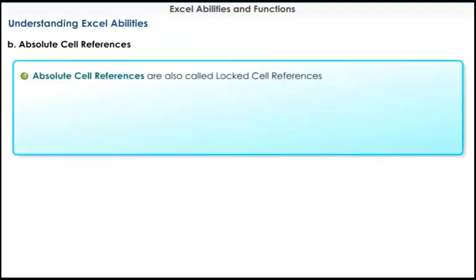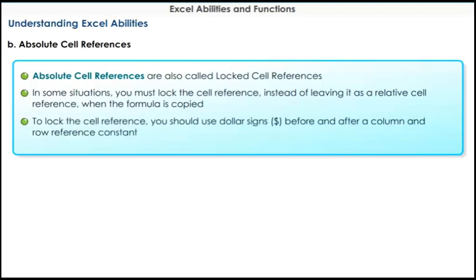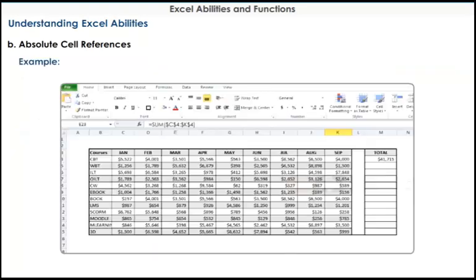Absolute cell references. Absolute cell references are also called locked cell references. In some situations, you must lock the cell reference instead of leaving it as a relative cell reference when the formula is copied. To lock the cell reference, you should use $ signs before the column and row reference constant. Absolute reference, example.